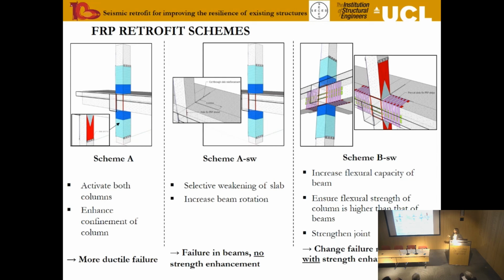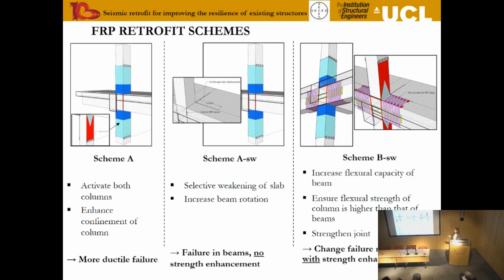In scheme A SW, where SW means selective weakening, we used a quite novel idea, inspired by a paper by Stefano Pampanin, who put out the idea, and did a first preliminary experiment, that if you wanted to change the failure mechanism from column dominated to beam dominated, the only way you could do this was to weaken the slab.